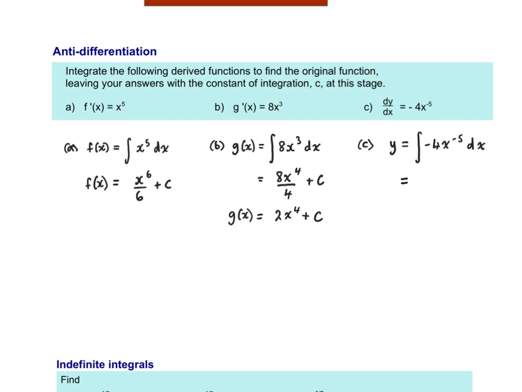We are going to take our minus 4x, we're going to add 1 to the power, so just be careful here, we're adding 1 to minus 5, so minus 5 plus 1 takes you to minus 4, then we're dividing by the new power, and we need to remember to add c.